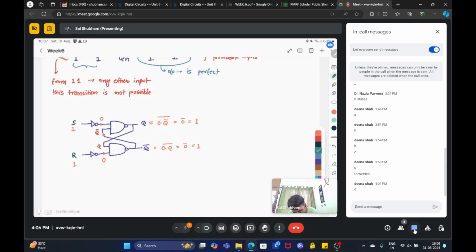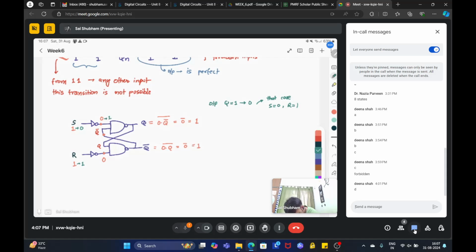Now I want the output Q equal to 1, and from Q equal to 1, I want to make it 0. In that case, S needs to be 0, R needs to be 1. Okay. So let's make the transition: S equal to 0 and R will be 1 only. So in this case, what will happen?